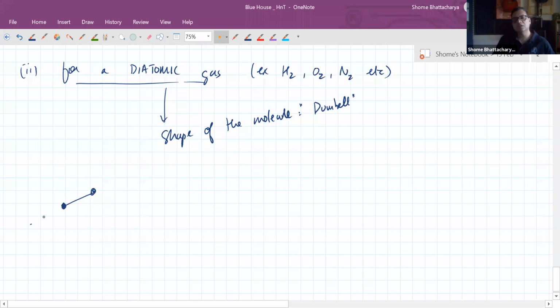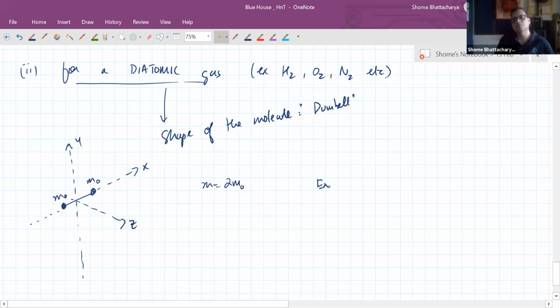So if you take the axis of that rod, the axis of the bond, as your x-axis, then for such a molecule the molecular mass is 2m. Let's write each atom's mass is m naught. So m is equal to 2m naught.